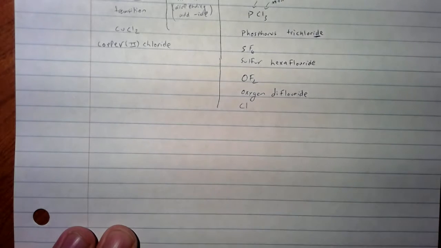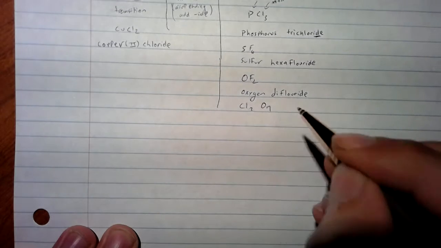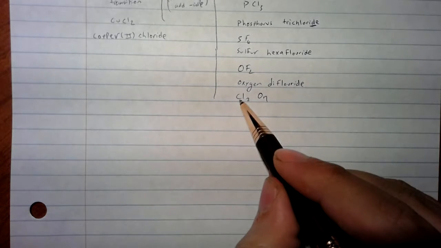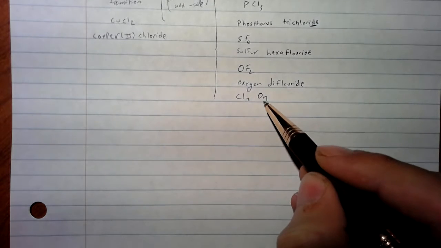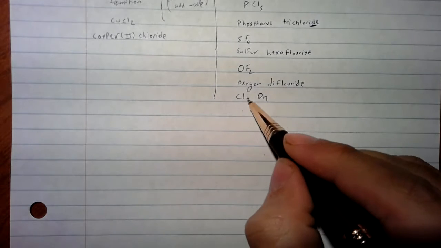That's Cl2O7. Okay, so this one's a little bit different. We know that chlorine is a nonmetal, and we know that oxygen is a nonmetal, so this is a molecular compound. What's different about this one is the first element has more than one, so now the name is going to be slightly different.